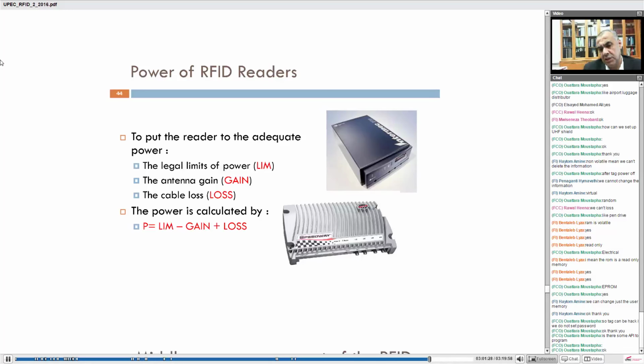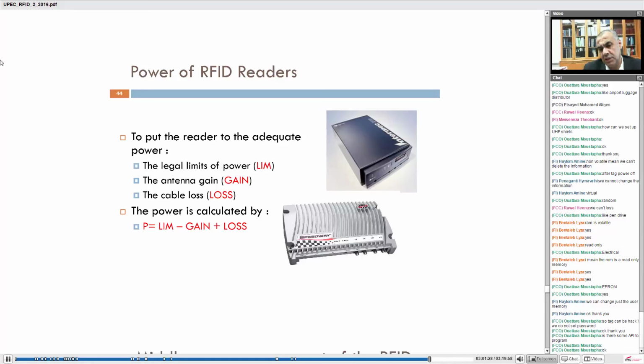For example, if you have a limit power of 4, you can have the power of your reader equal to 6. You should reduce the gain, which is 3, and you add the loss, because you lose this, in order to respect the power that will be used by the network.